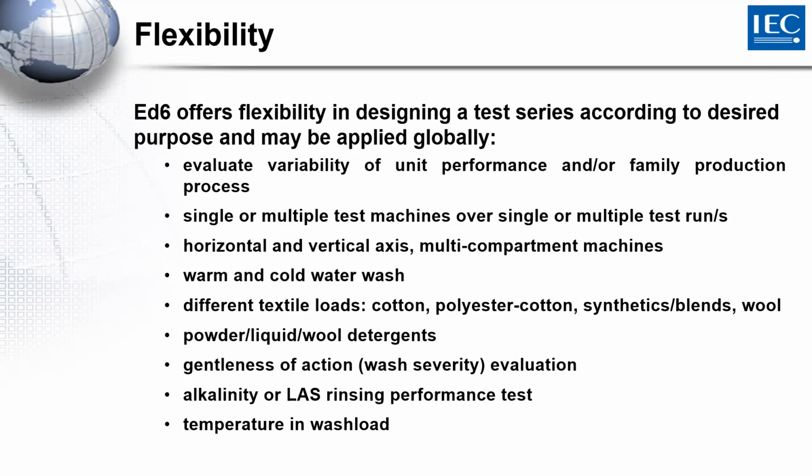We've got the different detergents: powder, liquid, and wool detergents. We've got a gentleness of action, wash severity evaluation. The rinsing performance test can be alkalinity or LAS, and we've got the temperature and the wash load. All of these items allow immense flexibility in designing a test series. Next, please.